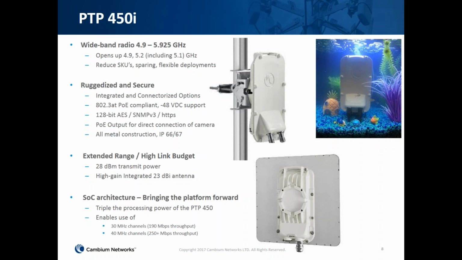So that's what I'm showing here today, the PTP 450i supporting 40 megahertz channels. That's one of the benefits of upgrading to that 450i: you get more processing power, you get more packets per second performance. So it's going to behave a lot better at those wide channels, both 30 and 40 megahertz. Do you happen to know specifically how many packets per second the 450i can do?